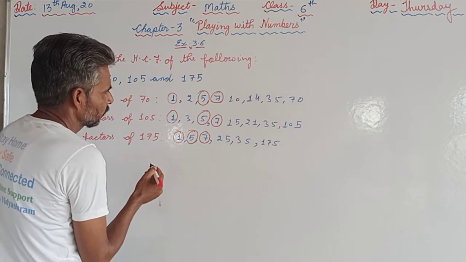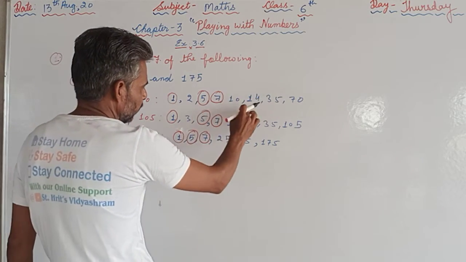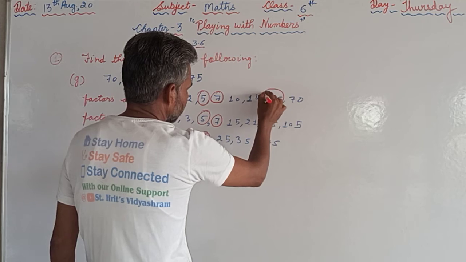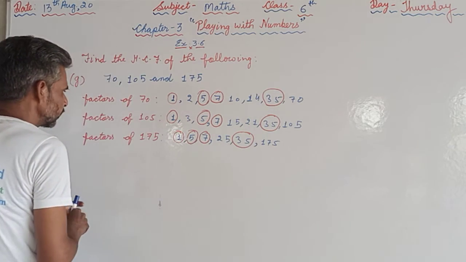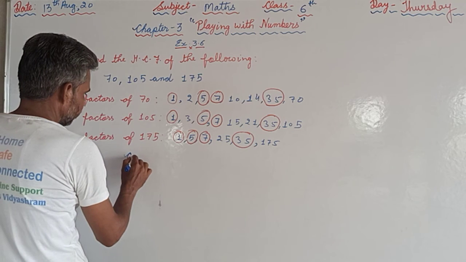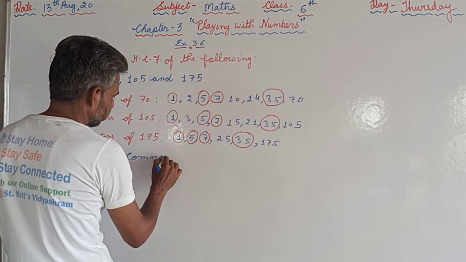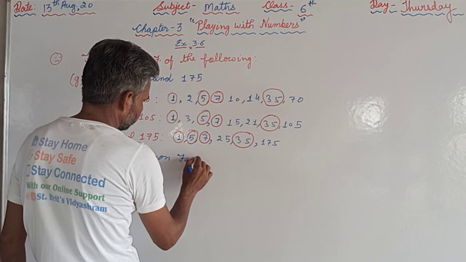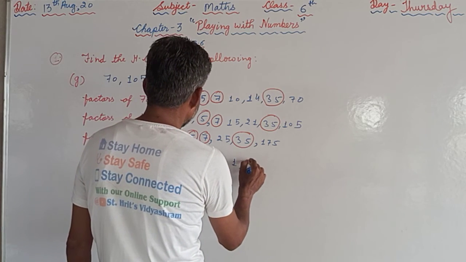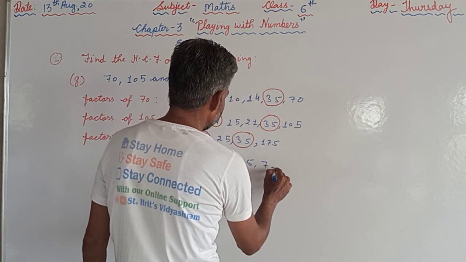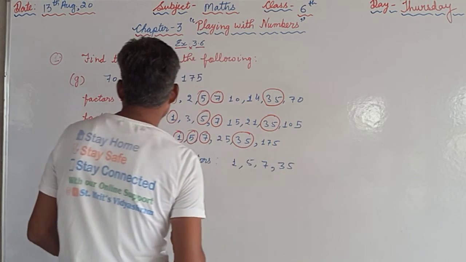Then after 7, 14 is here but not here, then 35 is here, 35 is here, 35 is here. So, these are the common factors. Common factors will be 1, 5, 7 and 35.